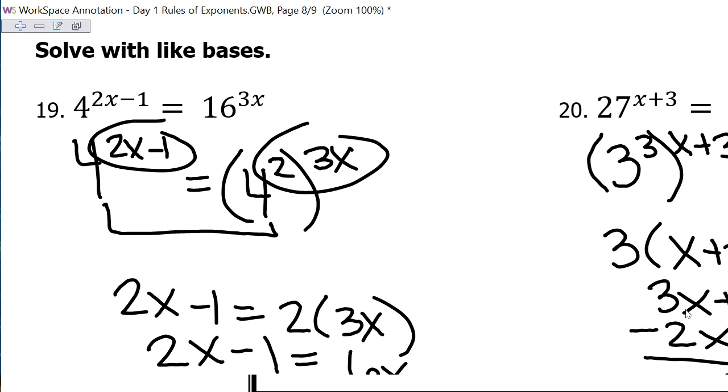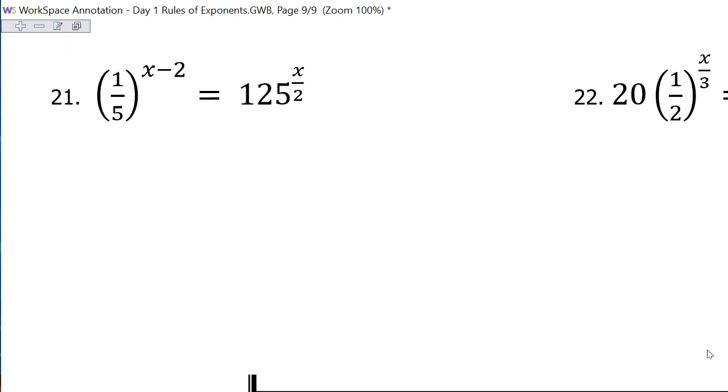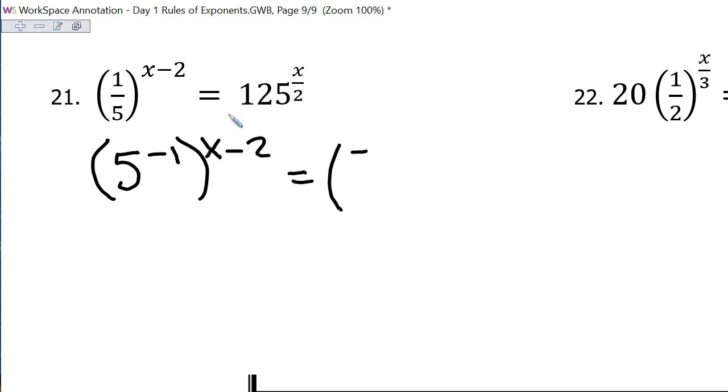Last two. Okay, number 21. We have to get a common base, and what would the common base be? 5. So instead of 1/5, that would be 5 to what power? Negative 1. Instead of 1/25, that would be 5 to the third power.